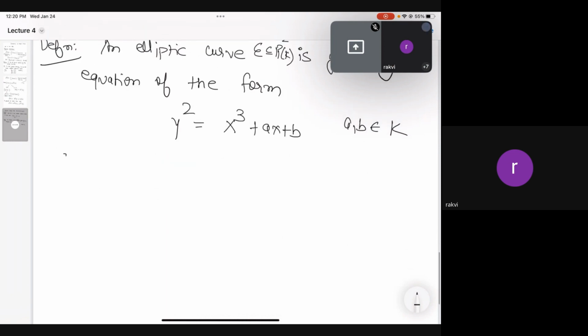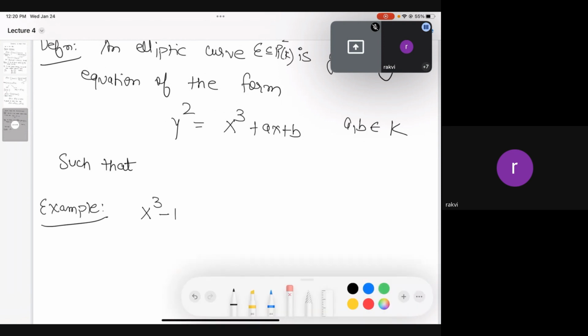Further, I want to insist that if we take all the roots of x cube plus ax plus b, by roots I mean zeros of this cubic polynomial, there is no guarantee that these roots are defined over K. They can be defined over something else. Just to give an example, let me take a simple one: x square minus 2.